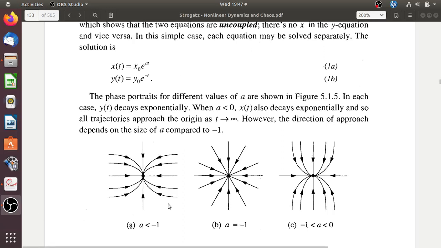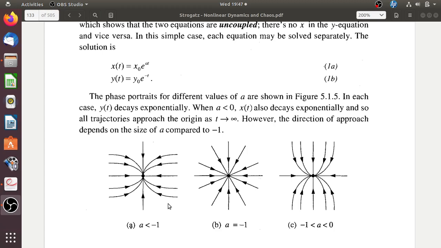Okay, in the last video we discussed how to identify an analytical solution for a coupled problem. Now what we will do is identify how the phase portrait is going to be for a coupled system.